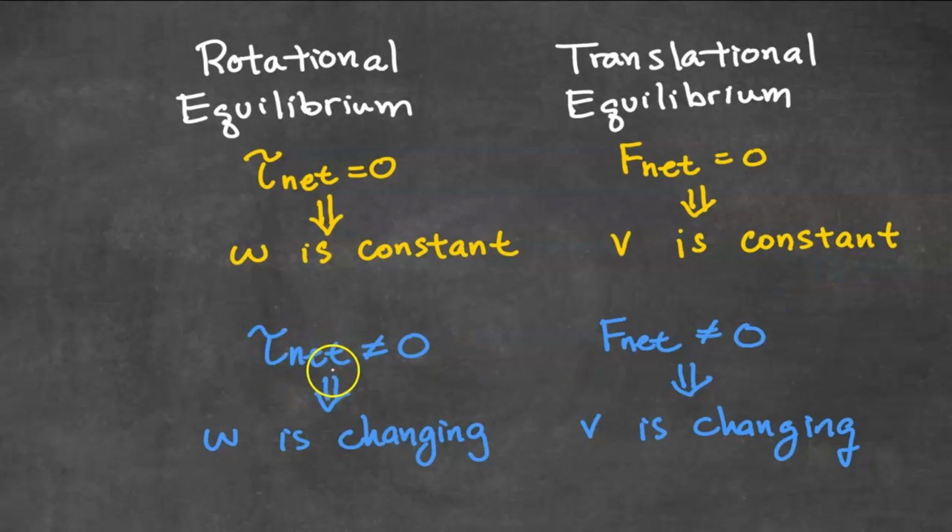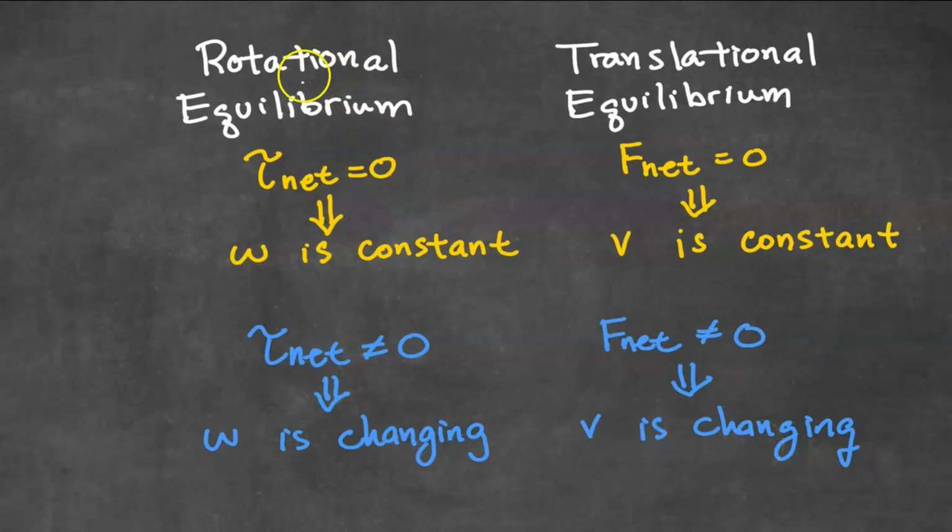If the net torque is not equal to 0, let's say it's unbalanced, then the angular velocity would be changing. The analogous version of this linearly is net force. If the net force is not equal to 0, or we can say net force is unbalanced, then we know that the velocity is going to be changing.